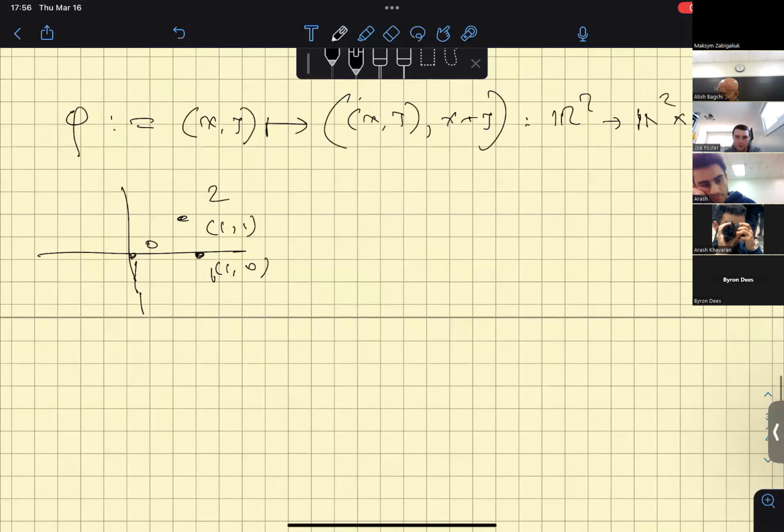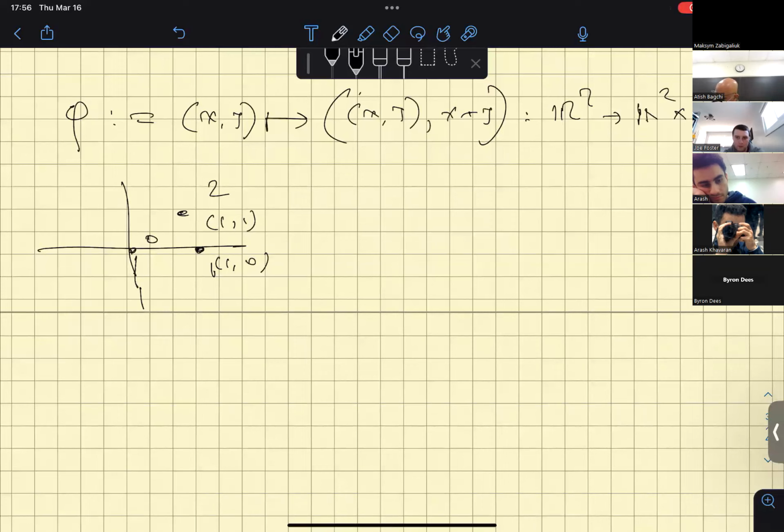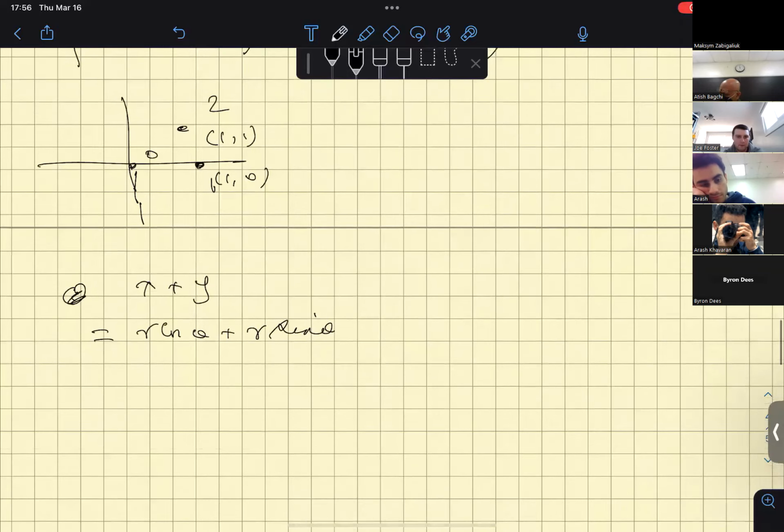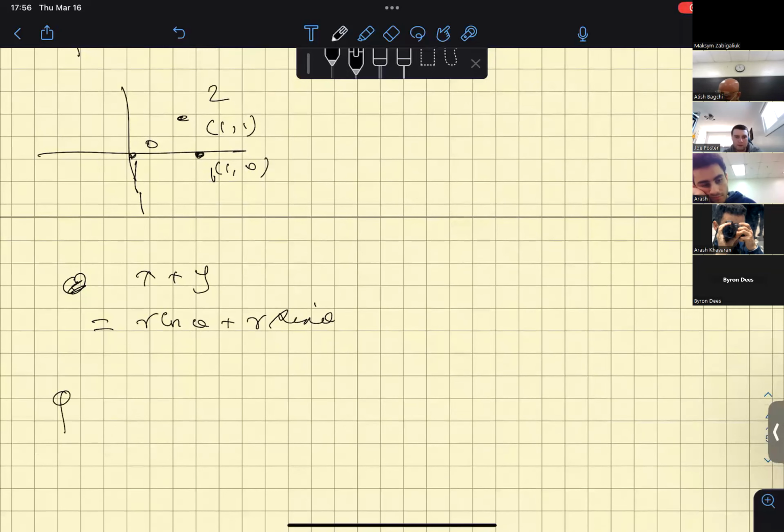Okay, so now how would I write this in the r theta system? So x plus y will be equal to r cosine theta plus r sine theta, right? Not phi, but we have to give it a different name because it's a different function.